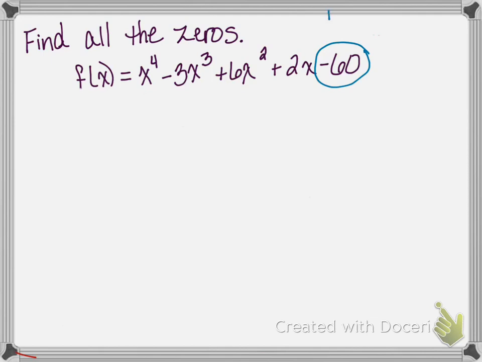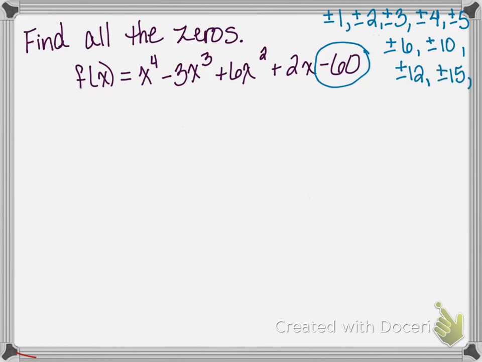So that could be plus or minus 1, 2, 3, 4, 5, 6, 10, 12, 15, 20, 30, and 60.